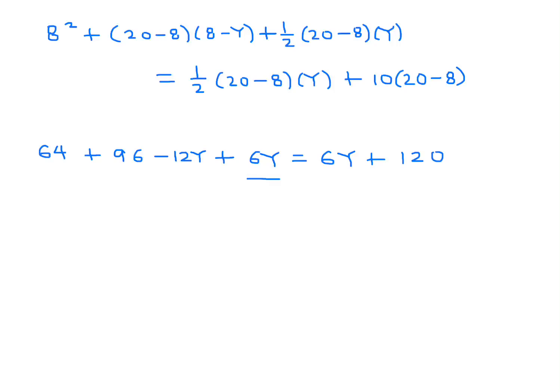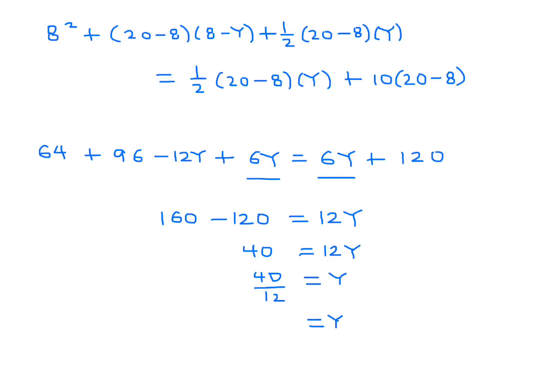All right, the 6y's cancel. 64 plus 96 is 160. Bring the 120 over, and then bring the 12y over. This looks like 40 is equal to 12y, and therefore y is equal to 40 over 12. And in lowest terms, that is 10 over 3. Okay, great.